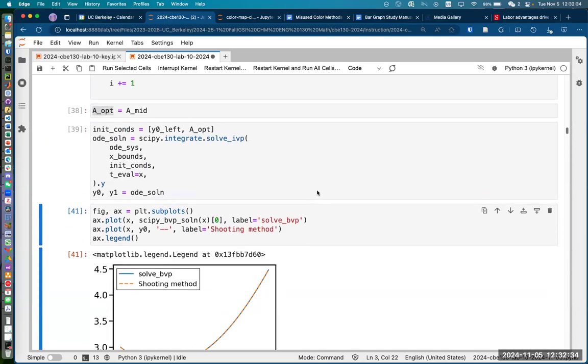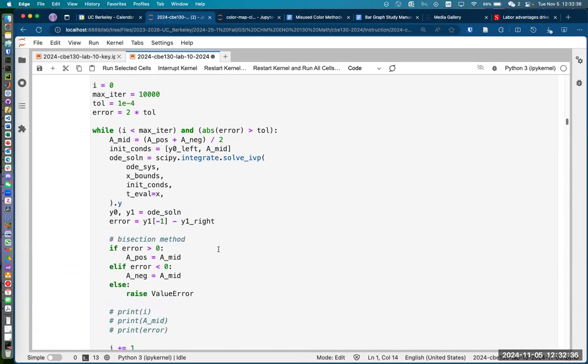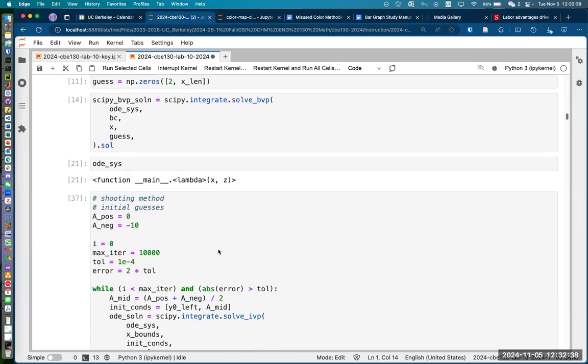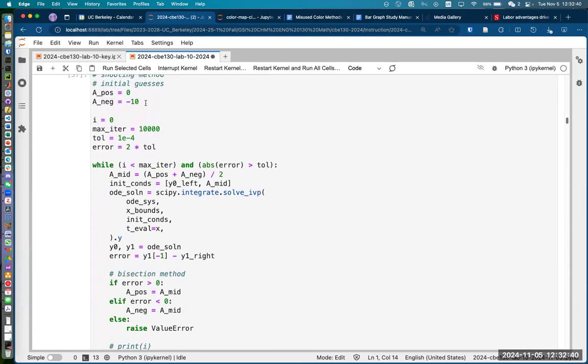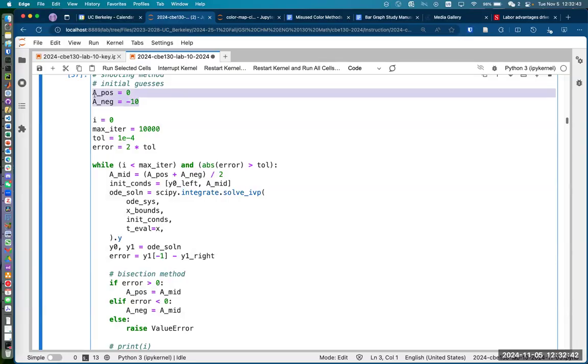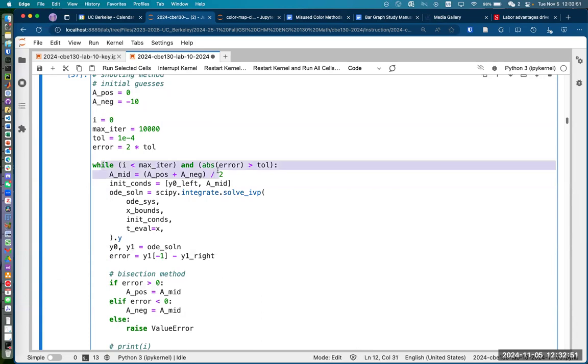Okay, any questions on this? So the process goes as first we establish an initial guess such that the error is positive for some A and the error is negative for some A. And then we'll define the iteration parameters. So the iteration counter, maximum number of iterations, numerical tolerance, and the error.